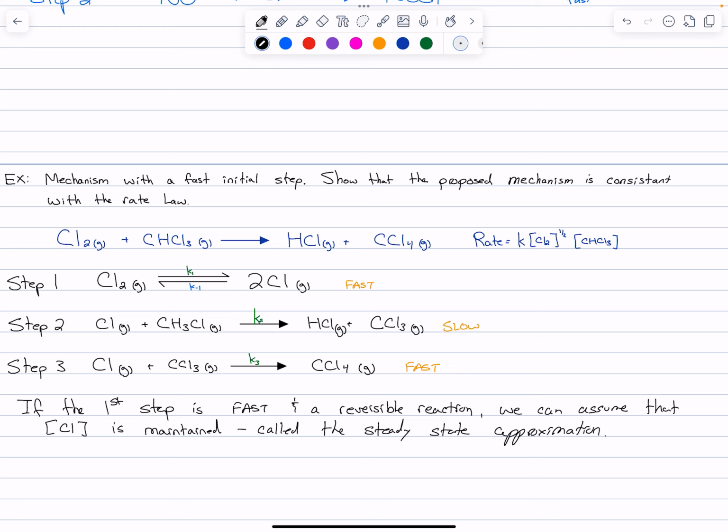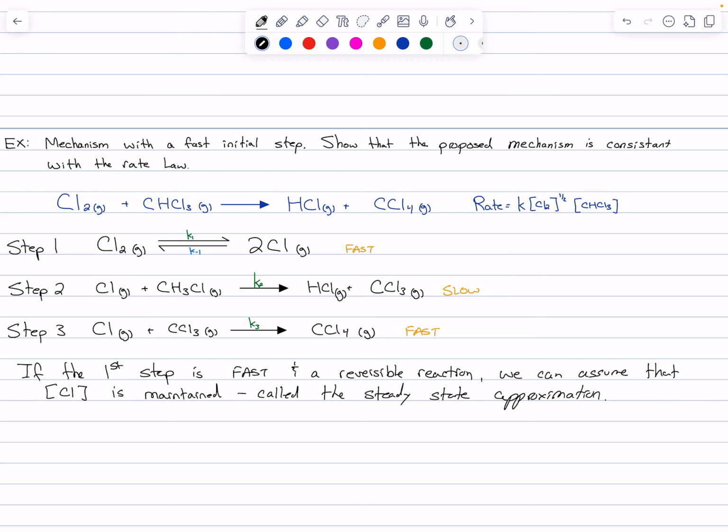And why do we do that? Well, once we get equilibrium going, the concentrations of chlorine gas and the 2Cl are going to be consistent with time. They're going to be in equilibrium. So once equilibrium is reached, we should have a pretty steady state concentration of Cl.